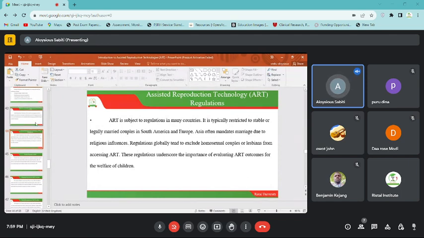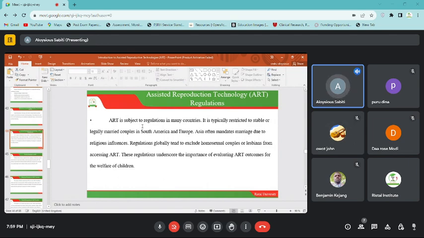Considerations that have come as a result of this ART include, one, the ART regulations. So as a result of the development of these technologies, there was need to regulate their usage, but also the way they operate. So ART is subject to regulations in many countries.